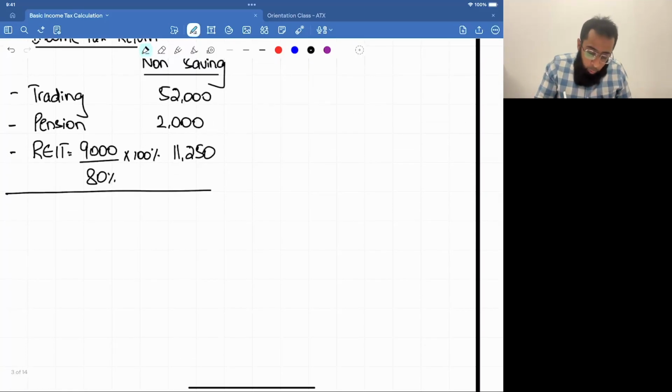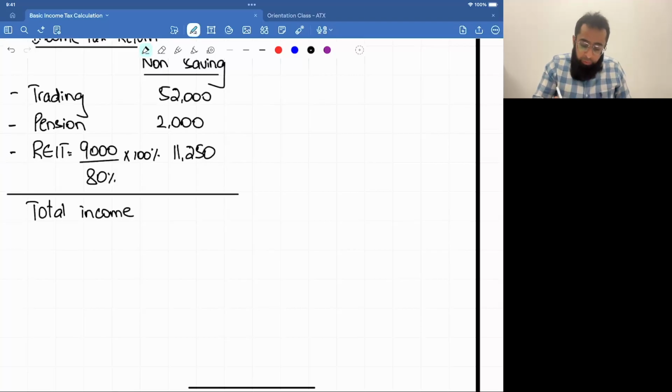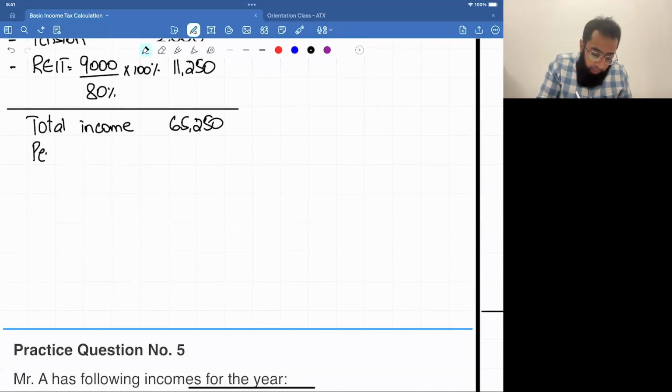That gives us the total income. 52 plus 2, 54, plus 11,250. So it is 65,250. Just listen to me carefully. We will deduct the personal allowance from it.